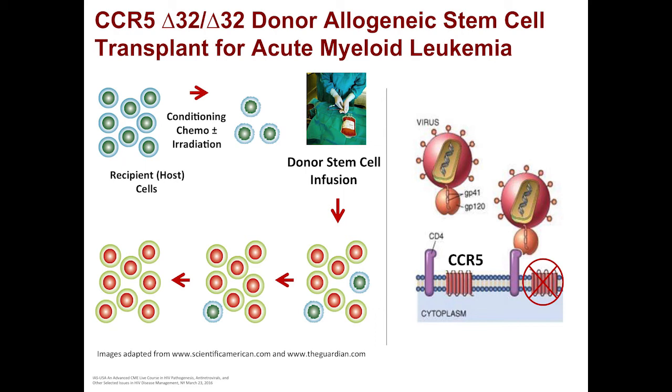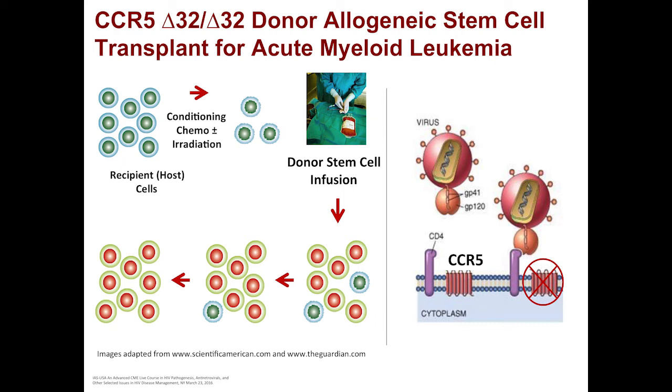But this donor had a mutation in the CCR5 receptor, which is a receptor for a chemokine, a homozygous delta 32 mutation. This receptor is used by the virus to enter the cell together with the CD4 molecule. So HIV uses both the CD4 molecule and the chemokine receptor CCR5 in order to enter into a cell and infect it.